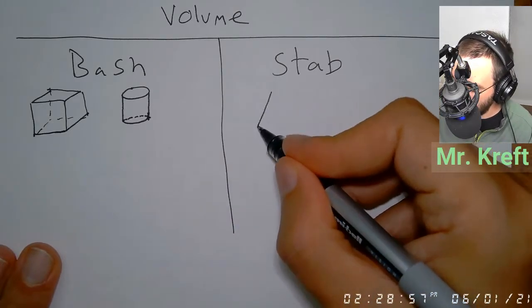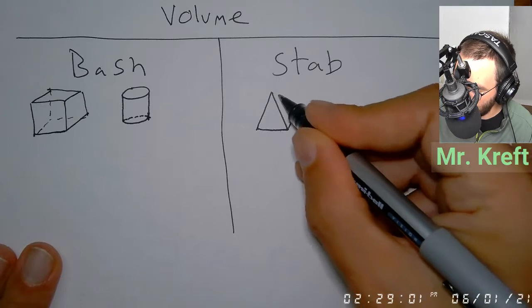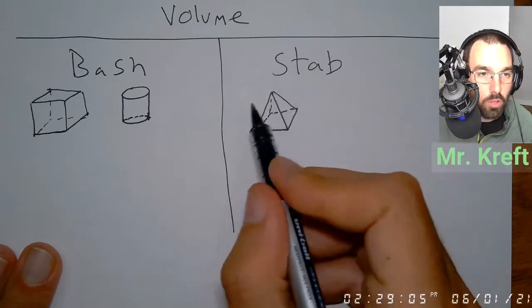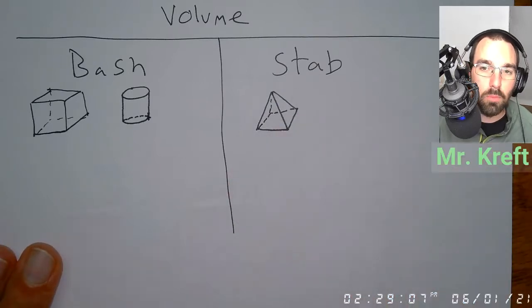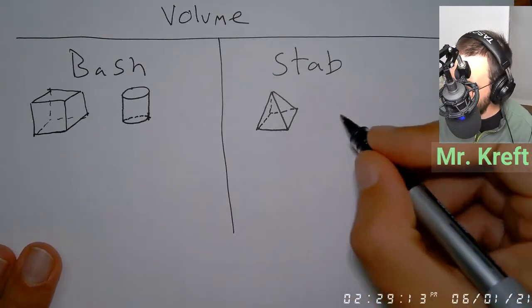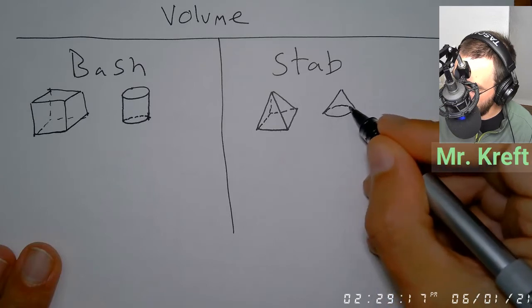Stabbing shapes, though, those are our two new ones. They have a sharp vertex. They go to a point. So if you hit someone with that shape, it would penetrate. It would stab them. That is a pyramid, or we might have a cone.